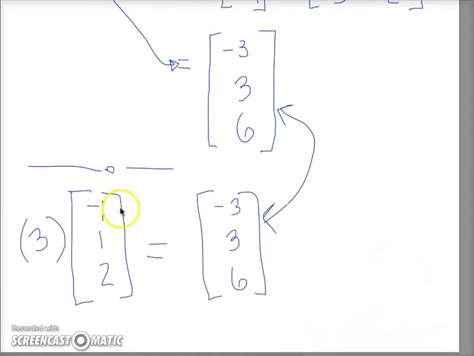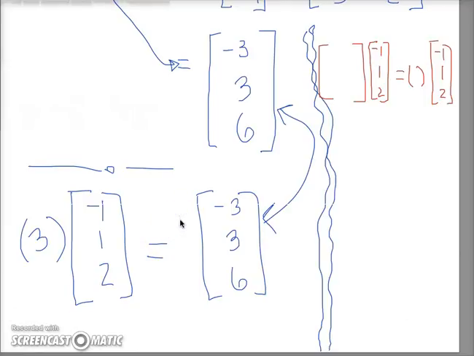In other words, multiplying the matrix times the vector minus 1, 1, 2, and multiplying the scalar times the vector minus 1, 1, 2, each of those products is equal to a column vector, and in fact both of those multiplications are equal to each other.